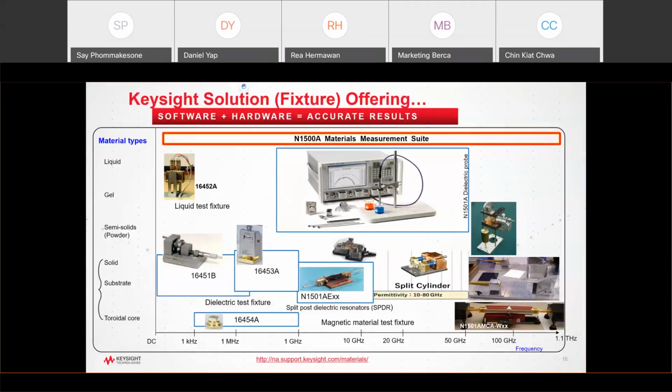Basically it touches the thickness. The sample is sandwiched between the two electrodes. As long as it is thin enough to fit inside here, then you can measure up to 1 gigahertz. So that would be the fixture.